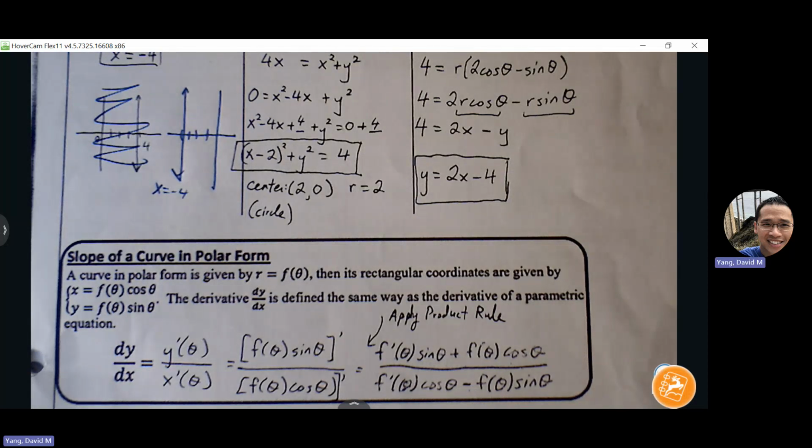But sometimes we're going to have to involve product rule to get there. We don't have to memorize anything like this. We just have to look at this and understand, okay, product rule, go to product rule and apply it.